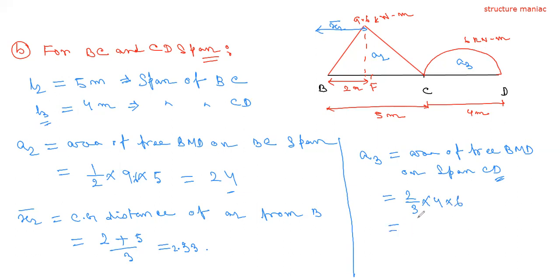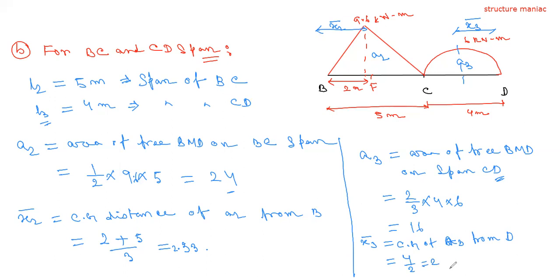So that will give you 16. And we need to find the value of x3 bar. So x3 bar, that is the CG of A3 from D. And here this is a symmetric parabola, so obviously the CG should be at the center. So 4 divided by 2 is equals to 2.